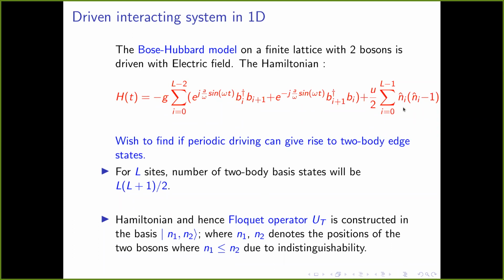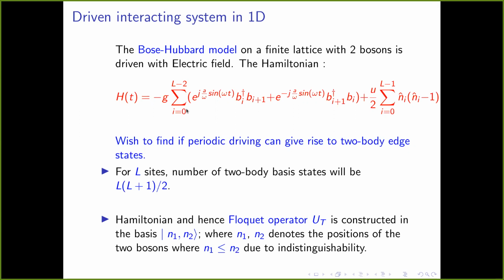So if in any site there are 2 bosons, then this operator gives value 2, and that's multiplied by the energy cost of U by 2. So if there are two bosons present in a site, that has an energy U, whereas if the two bosons are not on the same site, then you don't have any energy. U can be positive or negative, which will make it repulsive or attractive.